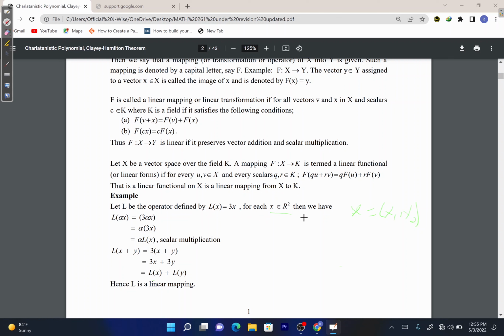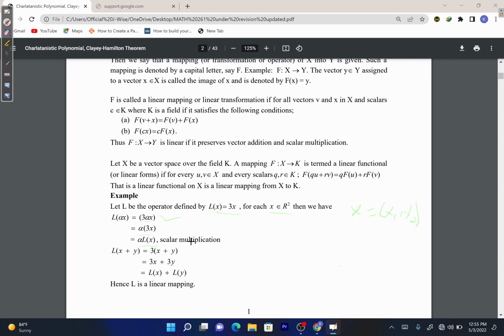We can choose a scalar alpha, such that when we multiply the scalar alpha by the vector x and perform the operator on the result, we get 3 alpha x. From here we can factor alpha out, so we get alpha times 3x. Then from the definition, 3x is the same as L of x. That's scalar multiplication. I hope this is straightforward.